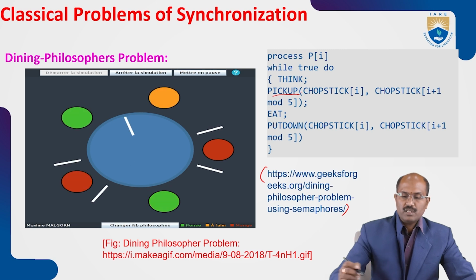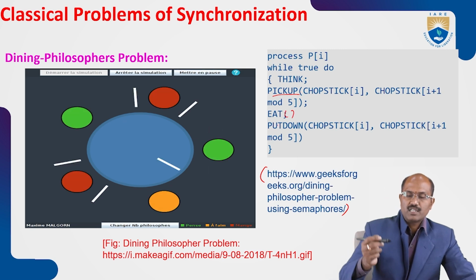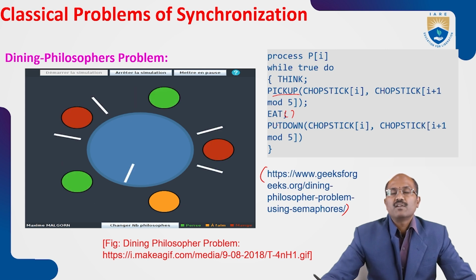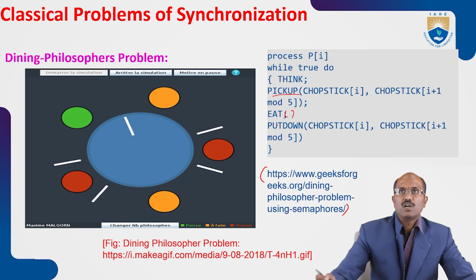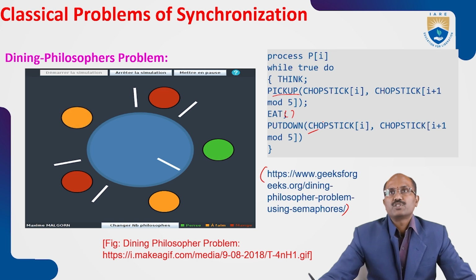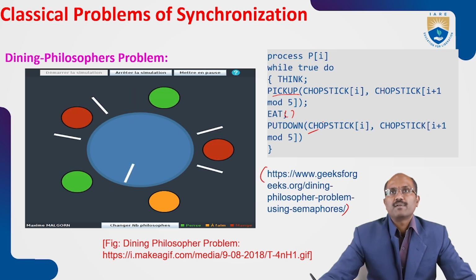Then it goes to the eat function. The eat function starts, and once the philosopher has eaten, they go back to thinking. Then the put down chopstick function is activated for chopstick i plus 1 mod 5.